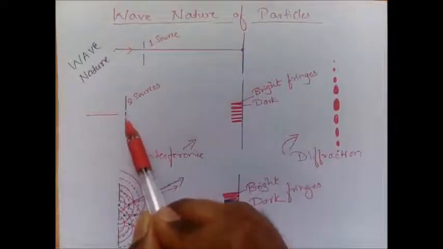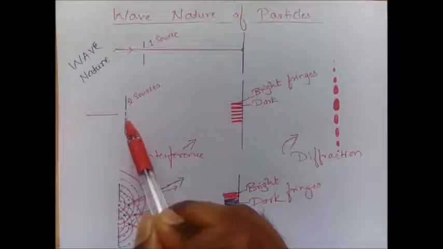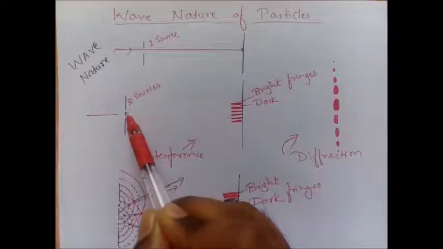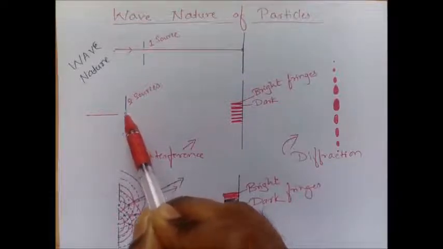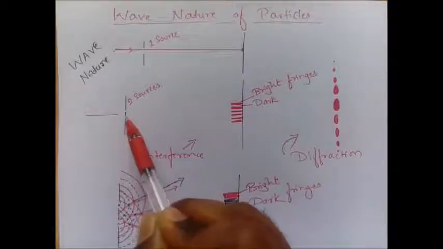Now we have two slits. Why do we have two slits? To make the two sources coherent sources. That means the wavelength will be the same there. And so these are the coherent sources, so that we have interference there.